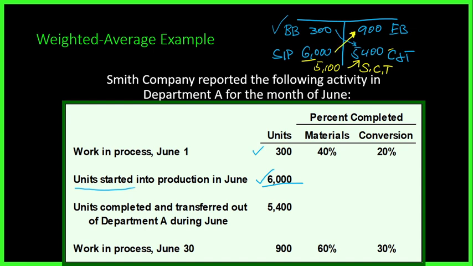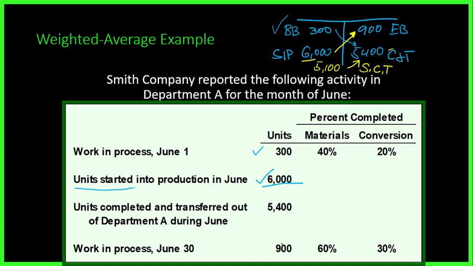That one is incomplete, it is not yet complete. So you now have 5,400, your units completed and transferred out, meaning it's transferred to another department perhaps. And the ending balance is now 900.